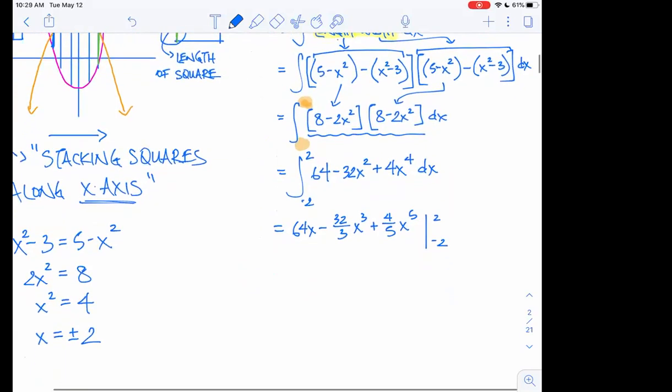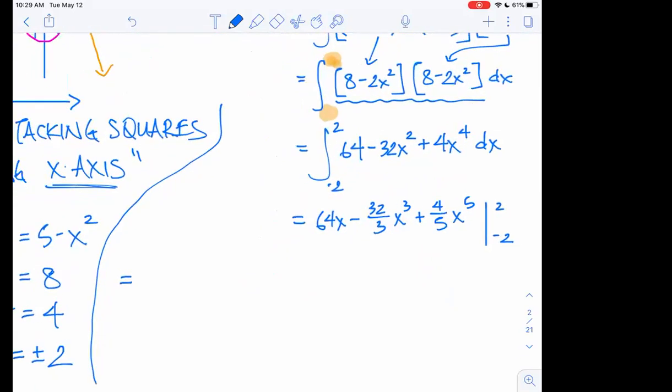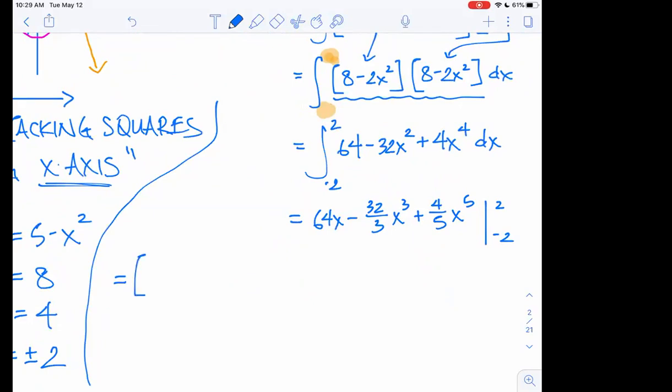So now let's go ahead and plug in our 2, and then we're going to plug in our negative 2. So we've got 64 times 2 minus 32 over 3 times 2 cubed plus 4 over 5 times 2 to the 5th.